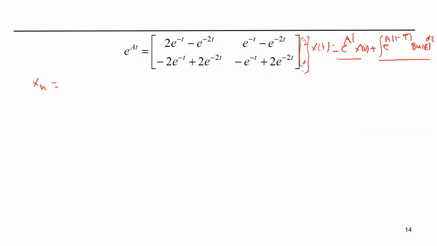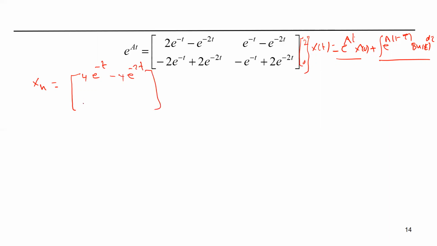If I do this multiplication, what do I get? Take the first column, which is, no, this is 2. So I'll get 4 e to the power minus t minus 4 e to the power minus 2t.